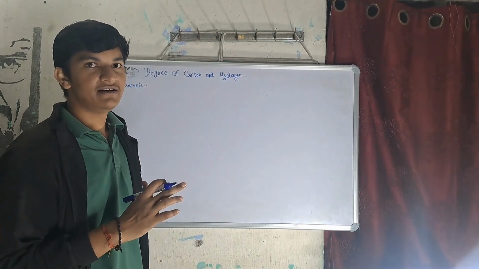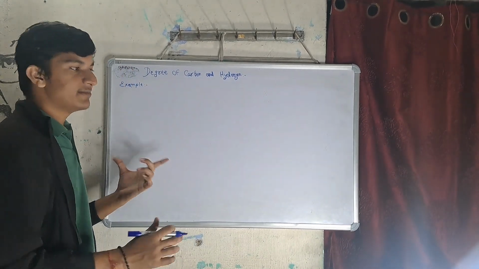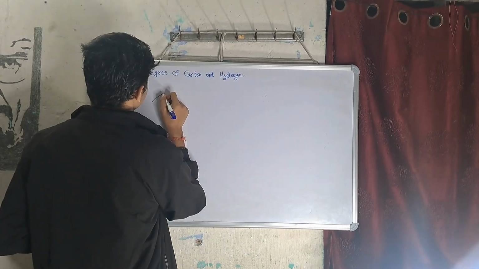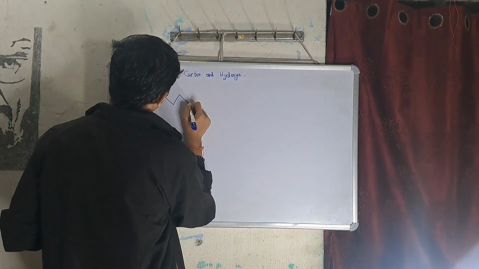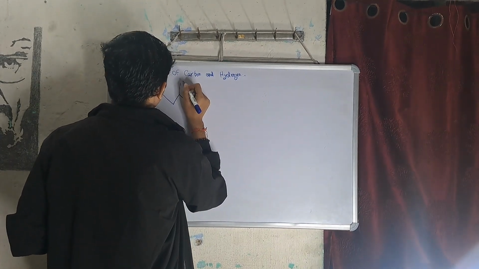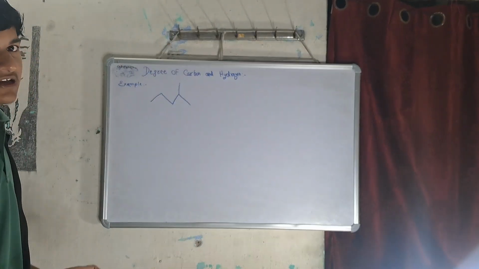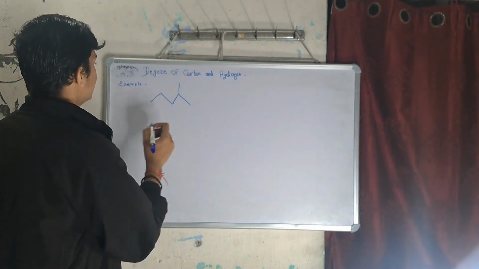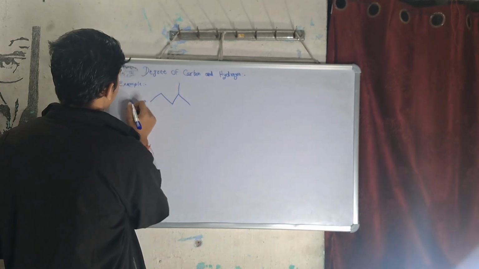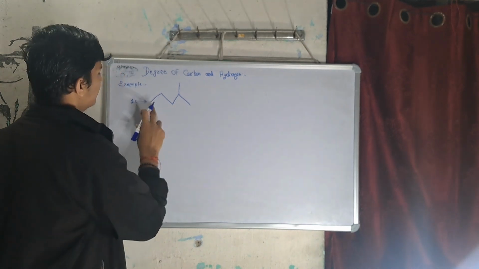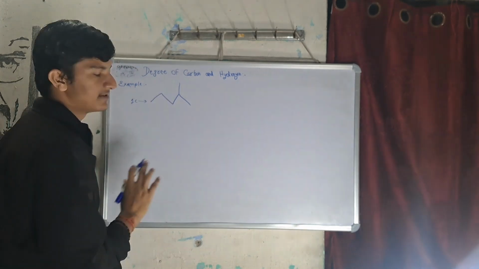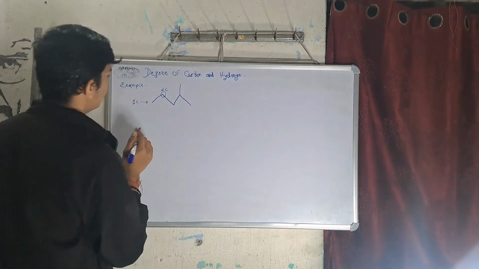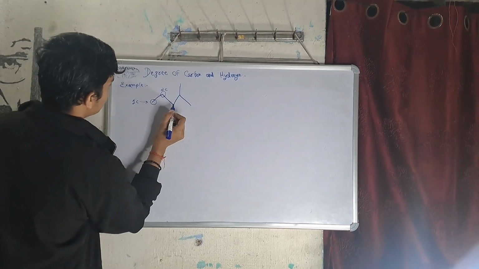Now we will understand this concept by some examples. Let us take this structure. So here, as by the definition of degree of carbon, this carbon is 1 degree because it is surrounded by only this carbon, and this carbon is 2 degree carbon because it is surrounded by this or this carbon.